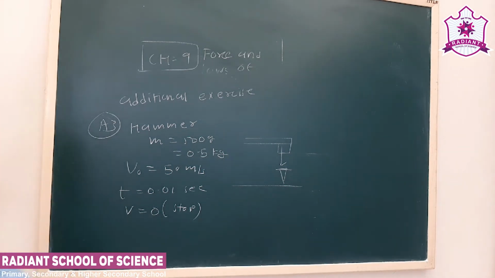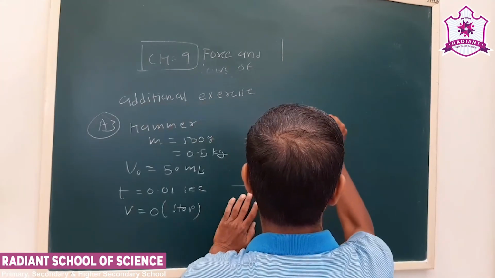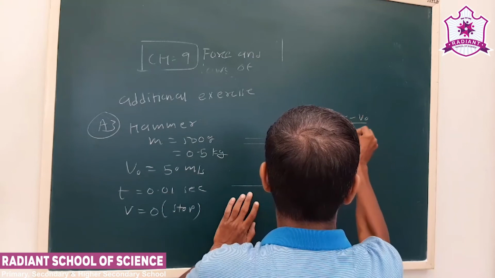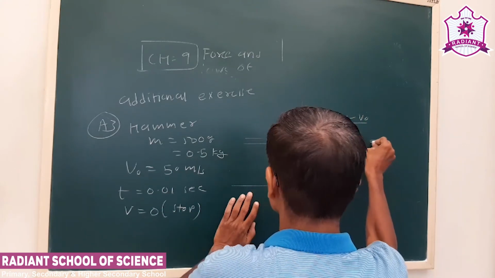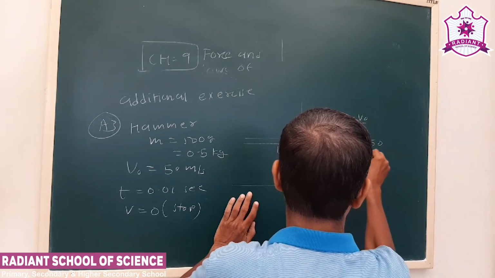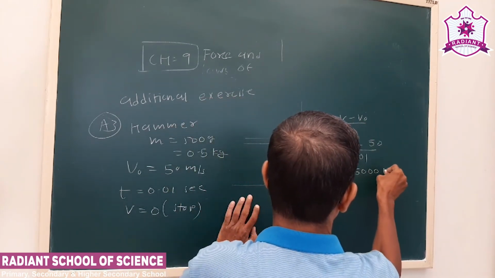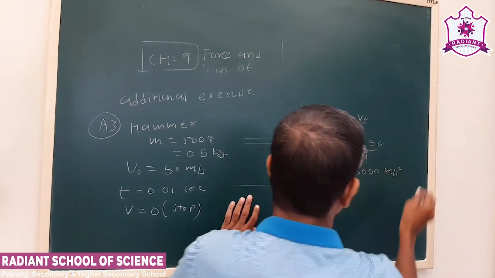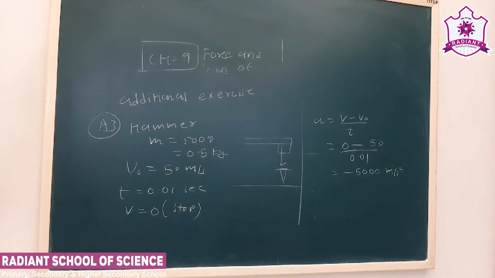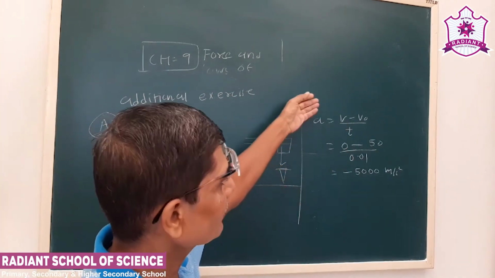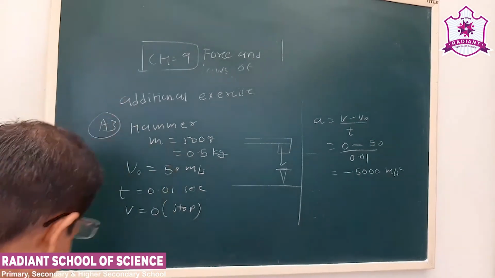Now again we have to find out force. We know the equation, force is equal to mass into acceleration. So what is the acceleration here? 50 divided by 0.01 will become 5000 meter per second square.